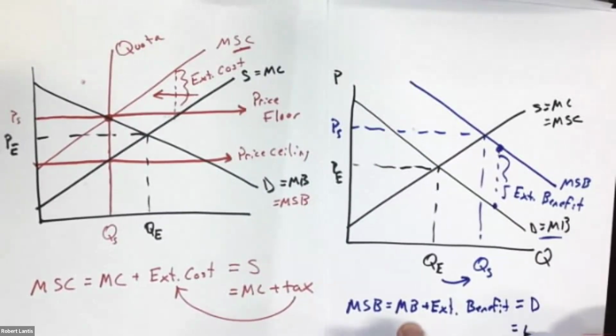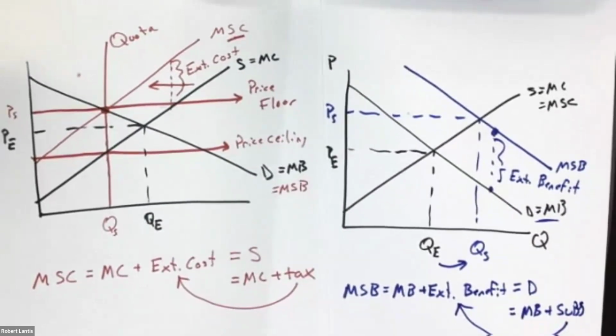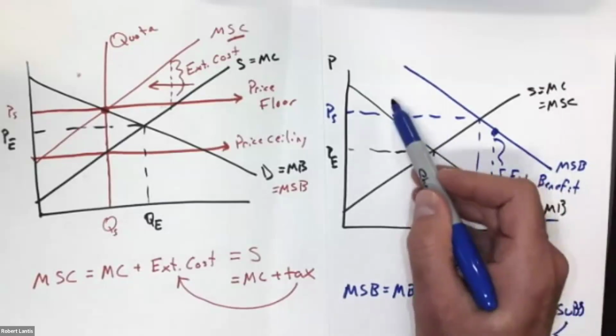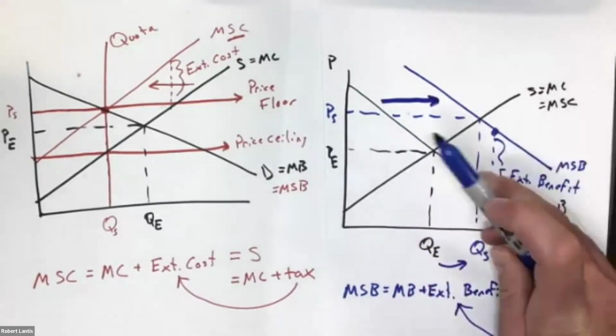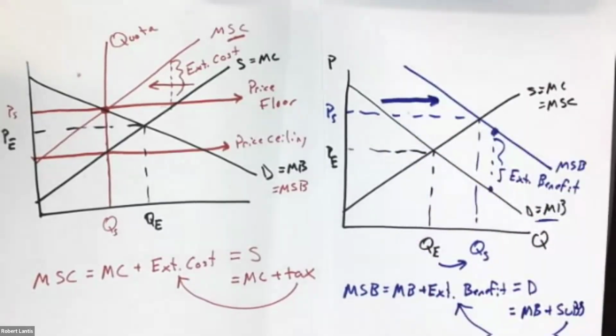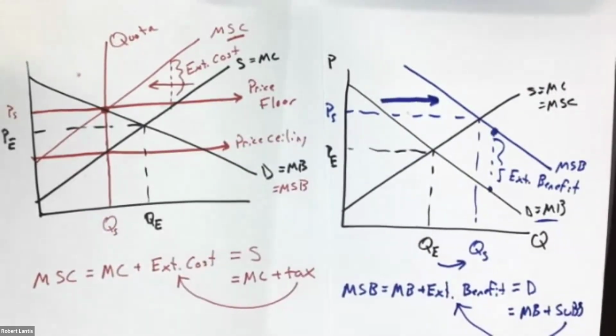Well, my demand curve reflects marginal benefits, so I could add in a subsidy that was the exact same value as that external benefit that would increase that demand curve until we hit that socially efficient quantity and price. So with taxes, we have quite a few more tools to use than we do with subsidies. Okay.